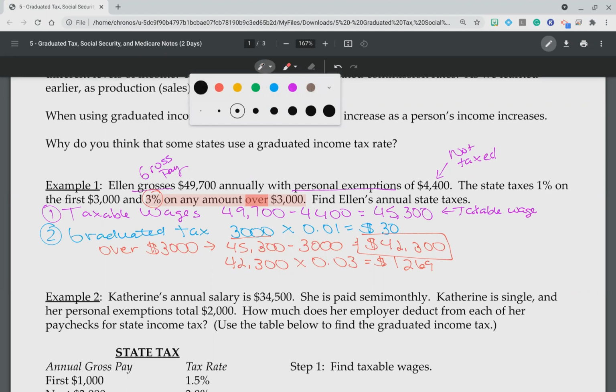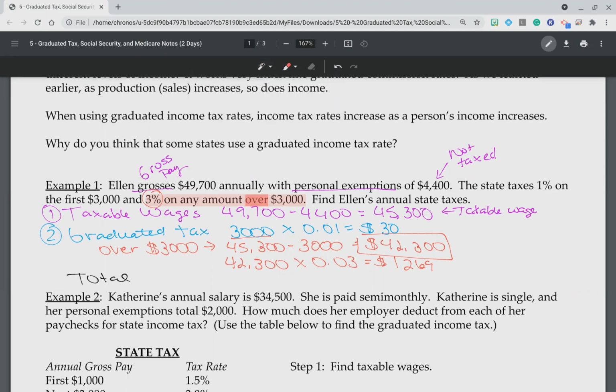So then to find the total graduated tax, I'm going to take the $30 that I was taxed up here for the first 3,000, the $1,269 that I was taxed down there for the amount over 3,000, and I'm going to add them together. 30 plus 1,269 equals $1,299.